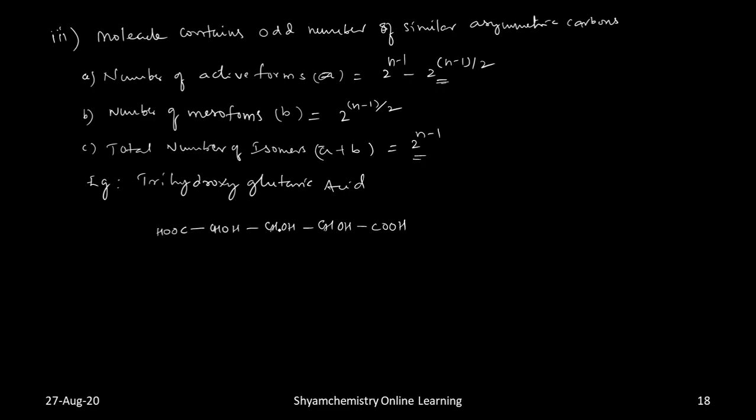Okay. How many asymmetric carbons are present in this molecule? Here it is 1, it is 2, it is 3. 3 means odd number of similar type of carbons. Okay.